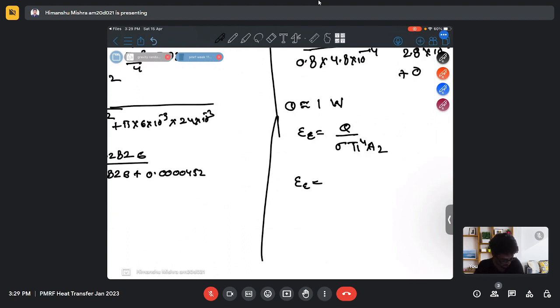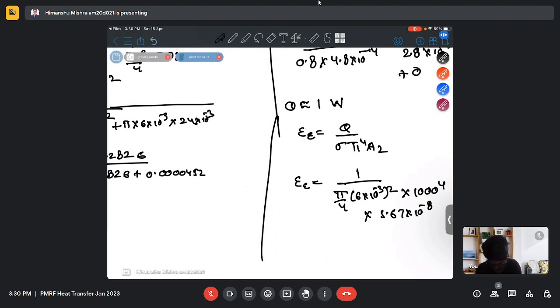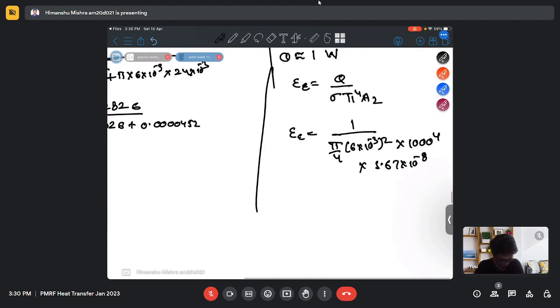So it will be 1 by pi by 4 times (6 times 10 to the power minus 3) square, and the temperature is 1000 Kelvin to the fourth multiplied by 5.67 times 10 to the power minus 8. So on calculation, we will get the effective emissivity around 0.9.